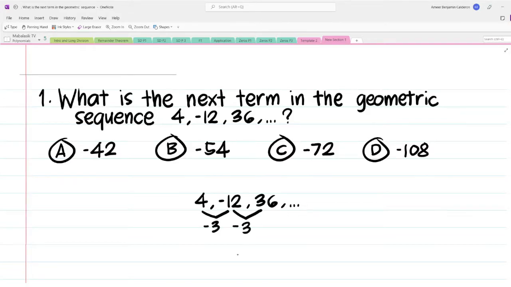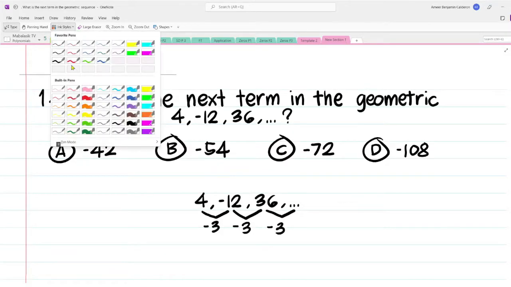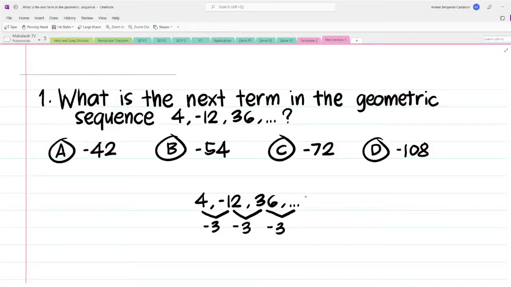Again, we multiply it by negative 3. So we will just continue the pattern to get the next term. What do we get when we multiply 36 by negative 3? 36 times negative 3 is negative 108. So our answer is D.